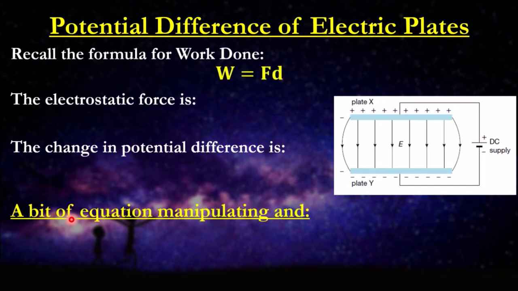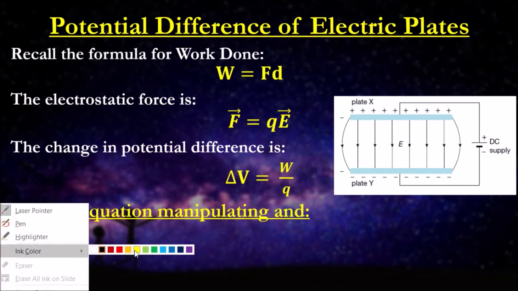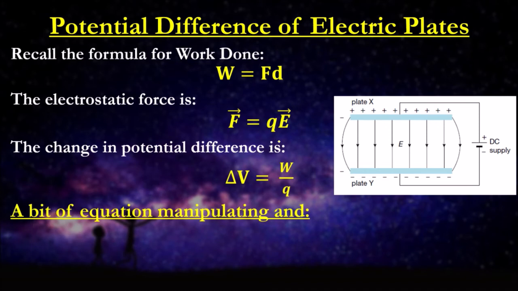Okay, so that's quite a few formulas that we've already looked into, as you can see from these ones here. And like we said, with a little bit of manipulation of the formula, work done can be expressed as EQd, or it can be expressed as the potential difference times the charge of the particle.